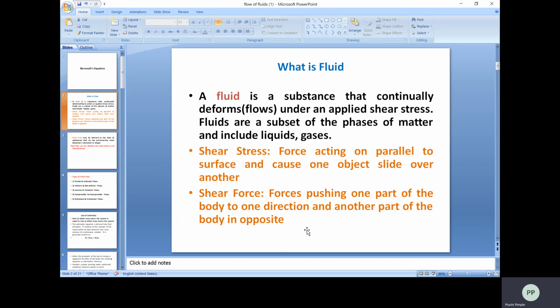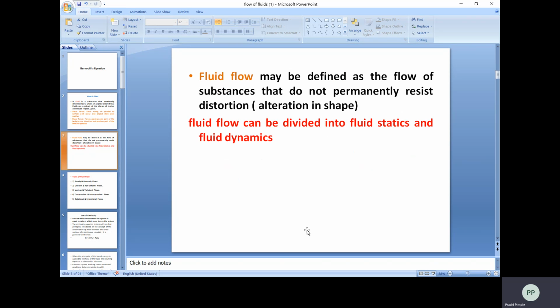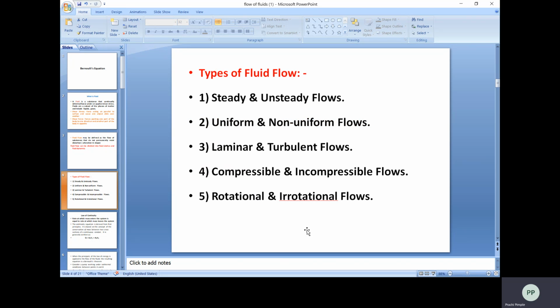So what is flow of fluid? Fluid flow is defined as the flow of a substance that does not permanently resist the alteration in its shape. Fluid flow can be divided into fluid statics and fluid dynamics. Now coming to the types of fluid flow.